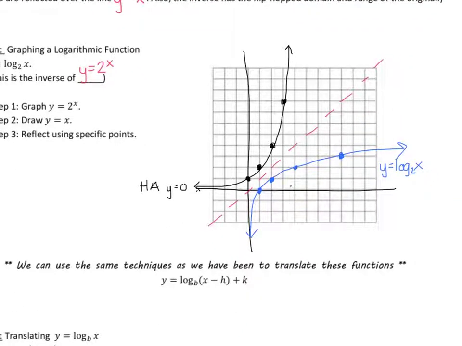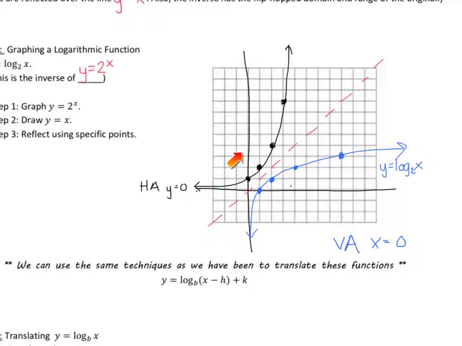Now, for that one, it has an asymptote, but what is it? Anybody have a guess? X equals 0. Very good. So is it a horizontal asymptote? No, it's vertical. It approaches the y-axis, which the equation for that is x equals 0.